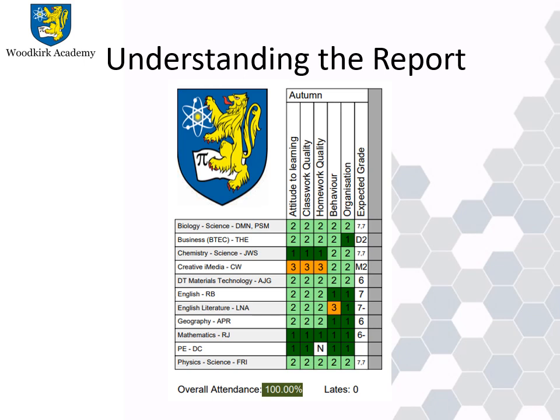The plus and minus suggest they are at the higher or lower end of that grade. Also, you may see letters P, M or D. These are subjects that are being assessed as BTECs, P representing pass, M for merit and D is distinction. The 1 or 2 at the side of the M is higher or lower pass, merit or distinction grades.